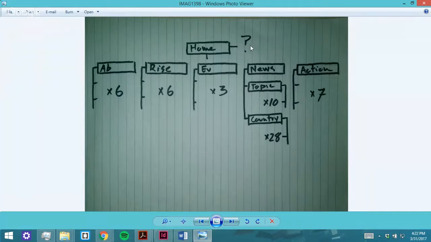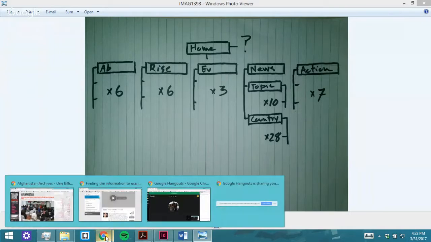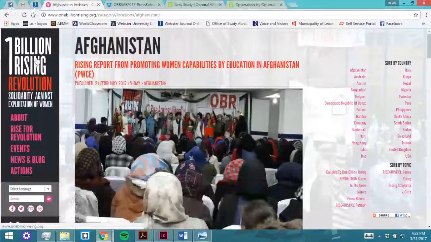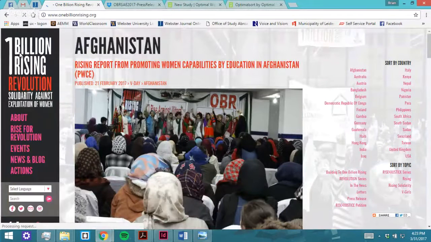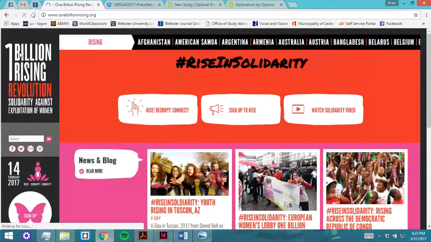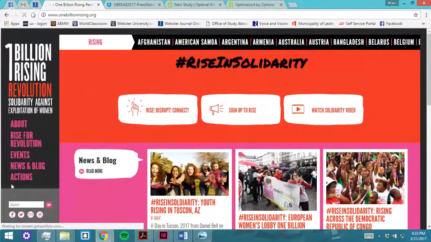Now, notice on this drawing here, and I am a big drawer, I have a question mark off to the right of the home block. Here's why. This is where my cursor is going. When I click 1 billion rising, that's technically my home, and a structure pops up off to the side.